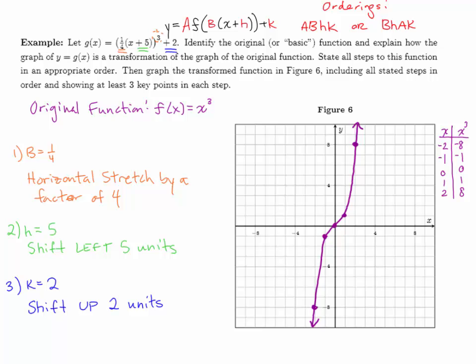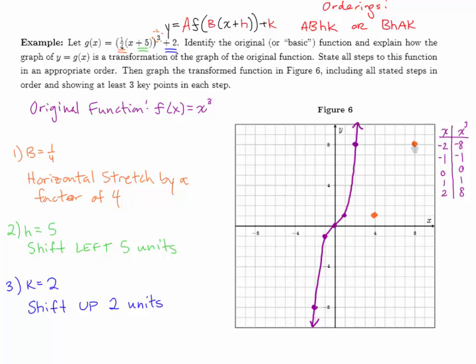So the first transformation that we'll apply here is that horizontal stretch by a factor of 4. So horizontal stretch means that every point is going to be 4 times as far away from that y-axis. So this point, 2, 8, is going to move out to 8, 8. And the way that I've determined that is by multiplying that x value by a factor of 4. And this point 1, 1 will then move out to 4, 1, again multiplying that x value by a factor of 4.